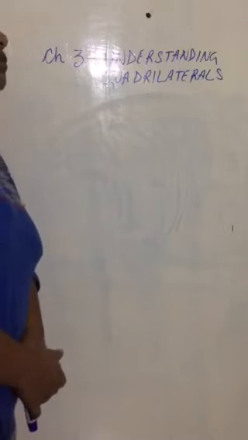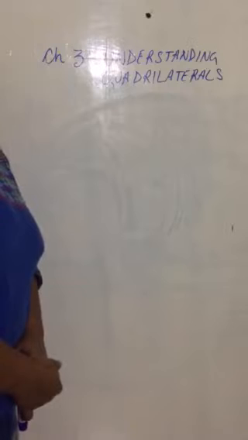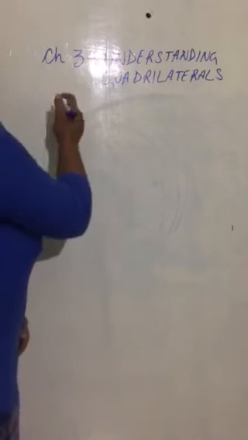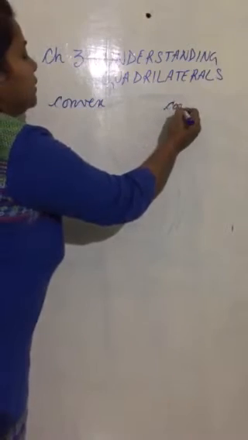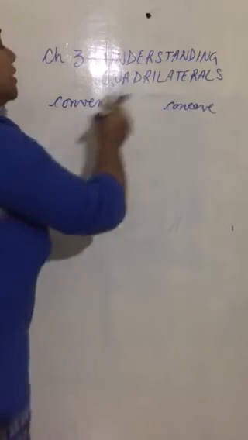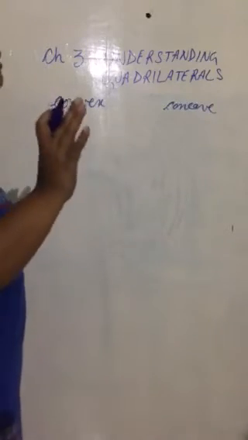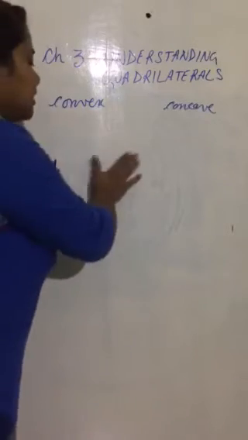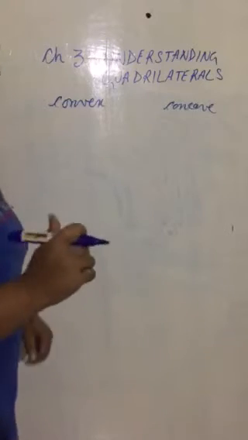Now the next point which we are going to discuss is convex polygon and concave polygon. Convex and concave polygons. Now these two names you might have come across in your physics topic. Here in maths, how do we refer to convex and concave polygons?